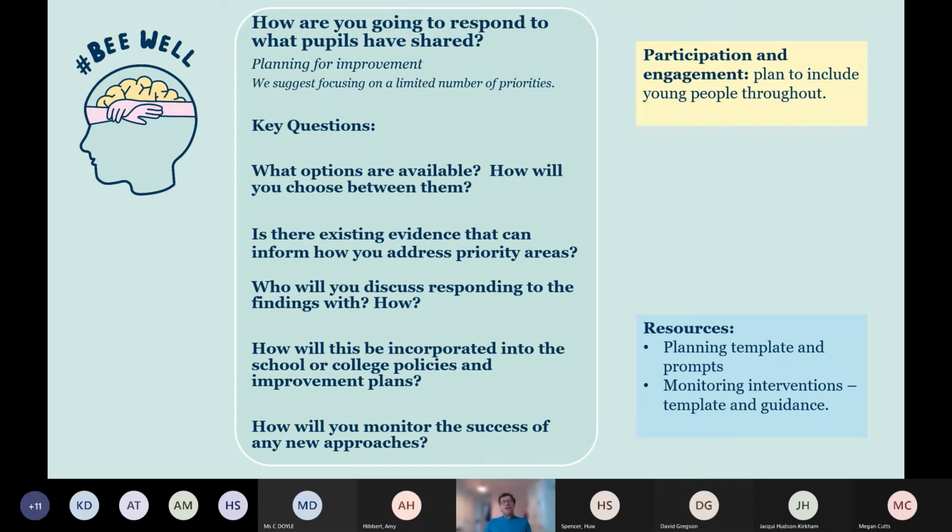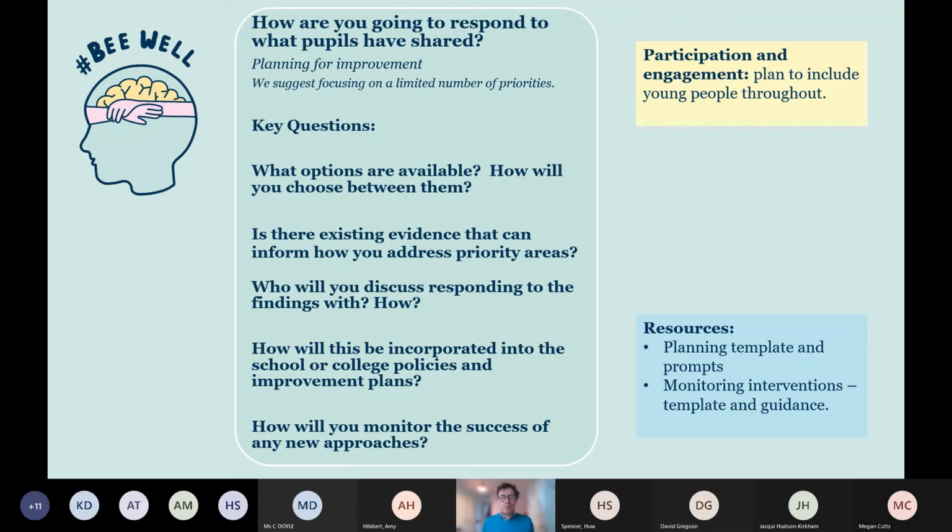I think the fourth point here, incorporating it into school or college policies and improvement plans, goes back to something that I said at the start. We know if change is really embedded, that's when it sticks. It's not a bolt-on. It's actually integral to what we do, and the way to make that happen is ensuring that it's linked into the policies that you have in place, that it's part of the improvement.